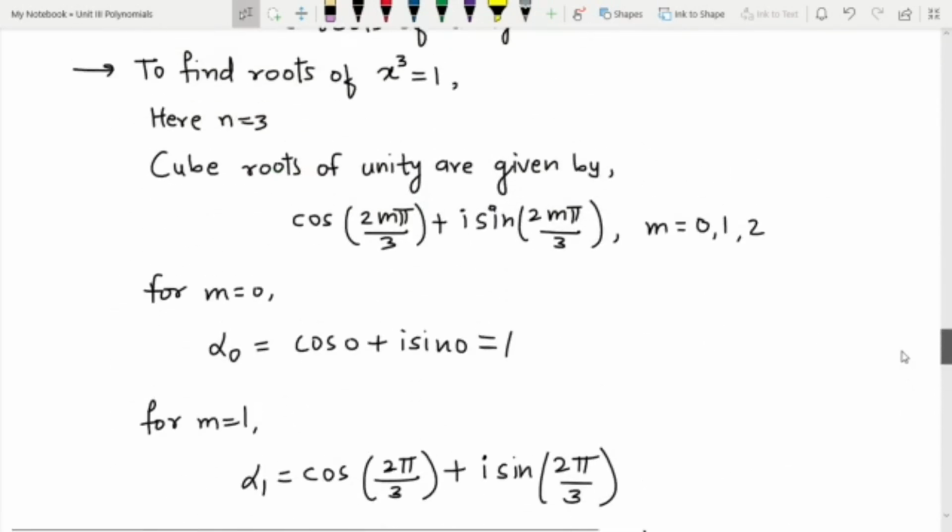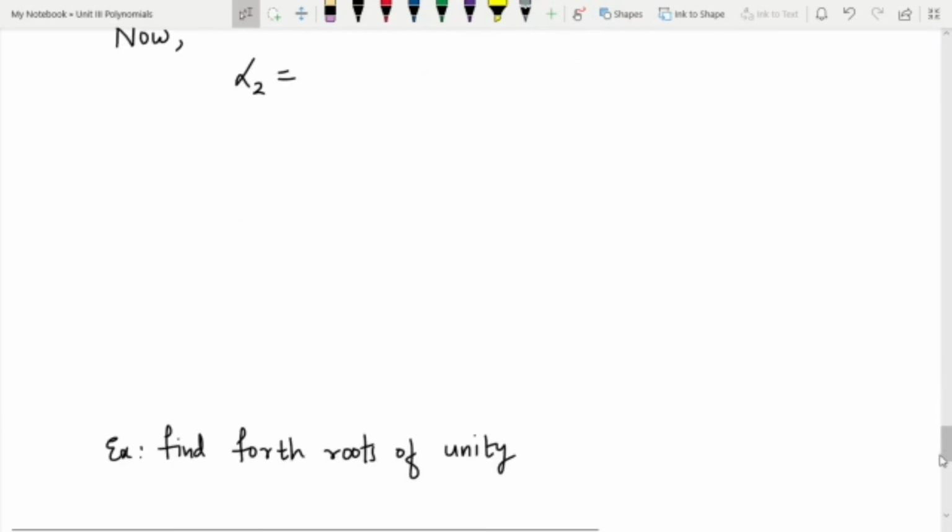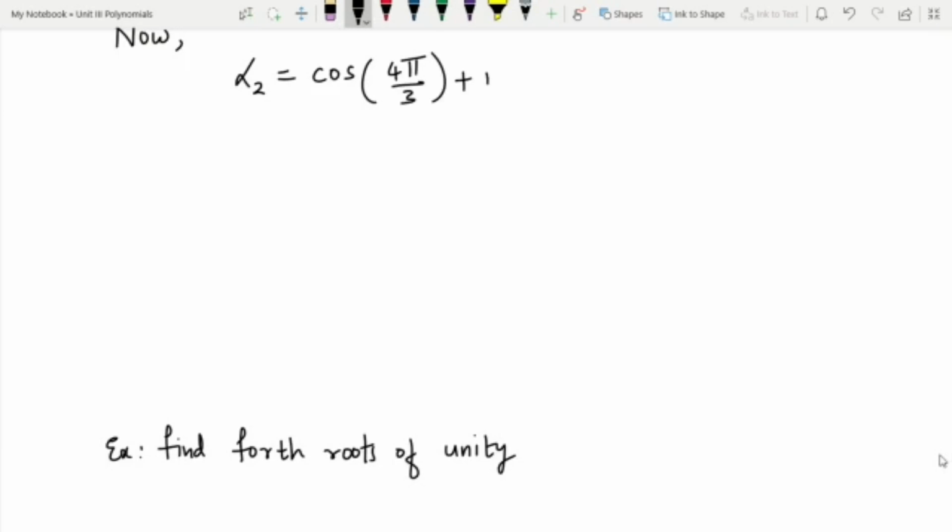If you put m equal to 2, it will be cos of 4 pi upon 3 plus i sine of 4 pi upon 3. Again we don't know the value of cos of 4 pi upon 3.